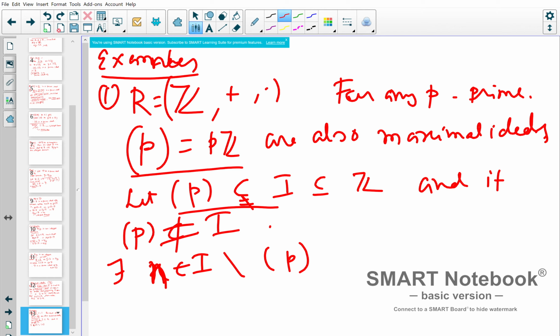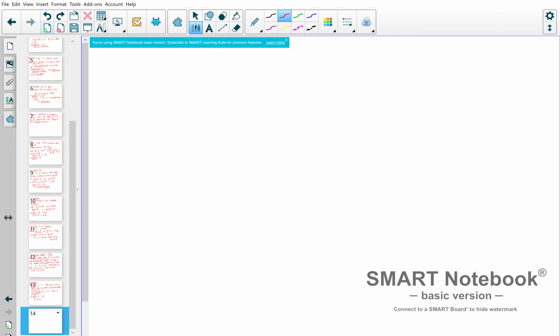This implies p does not divide n, right? So this implies p and n are co-prime. P does not divide n, and p is a prime number, so the gcd has to be one.